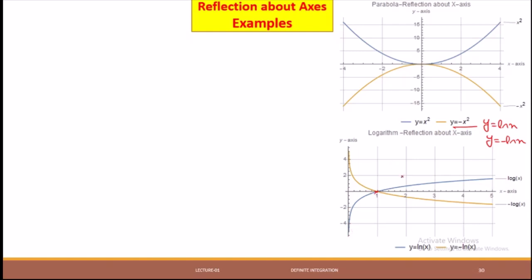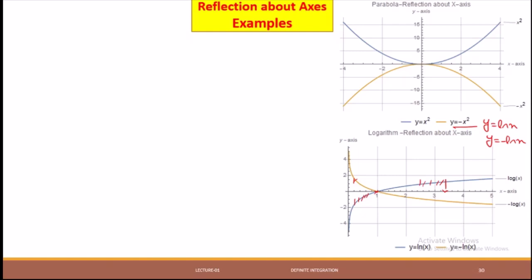So some part is above the x-axis and some part is below the x-axis. Upon reflection, the below part will go above, and the above part will come below. That's why the graph looks like this. I hope you have understood the reflection about the x-axis.